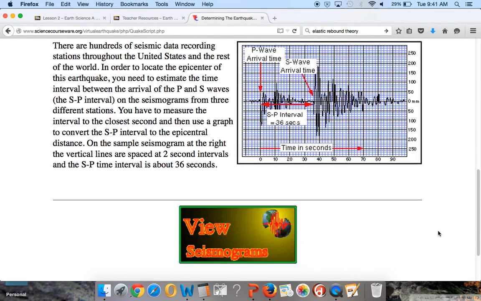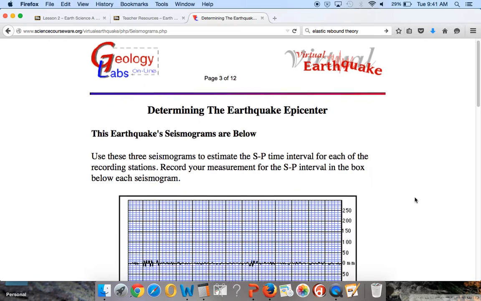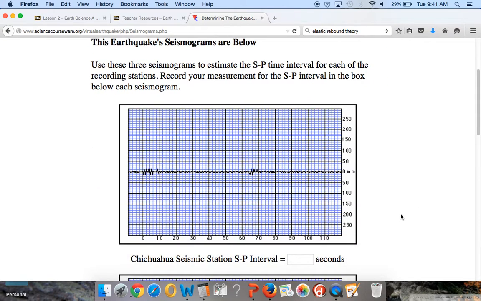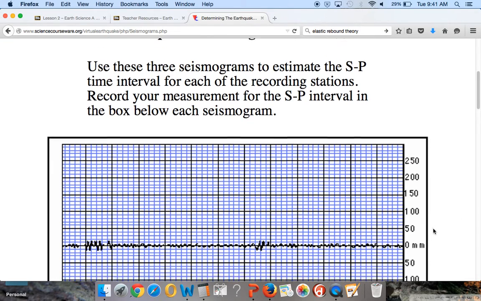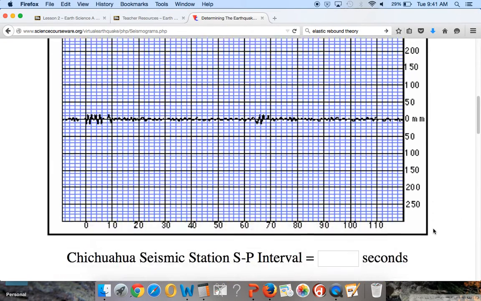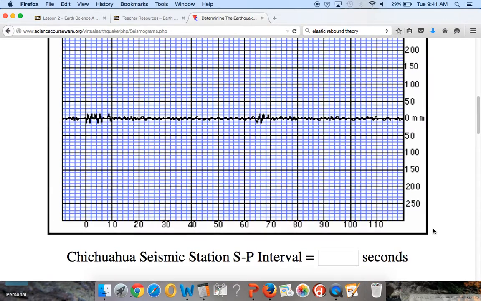So we're going to look at 3 different seismograms. The first one, I'm going to make this a little bit bigger so we can look at this. I'm not even going to try to say the names of those states. Right here at time 0 is when the first P wave from the earthquake hit.